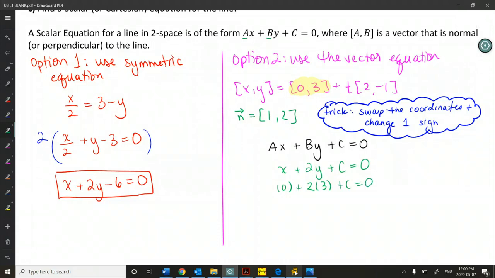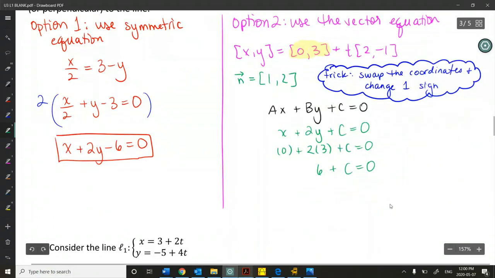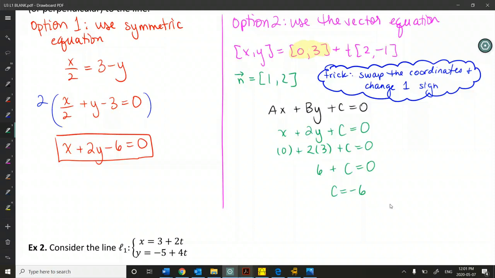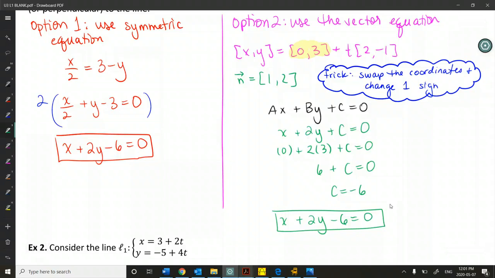A lot of my students try to do this quickly in their head, and they forget that this value, once you simplify the first two pieces here, actually has to be moved to the other side. So sometimes they'll get the positive version or the negative version of c, which will be the wrong version. So just be mindful about that as you're solving: that actually has to be moved to the other side to isolate for c. Okay, and as you can see, we got the same equation that we got using option 1.